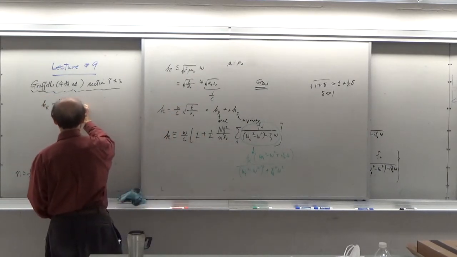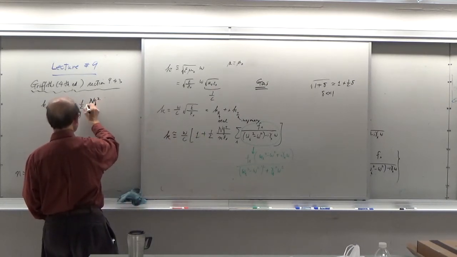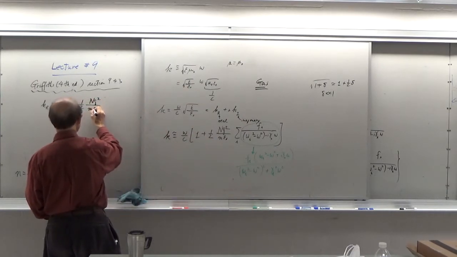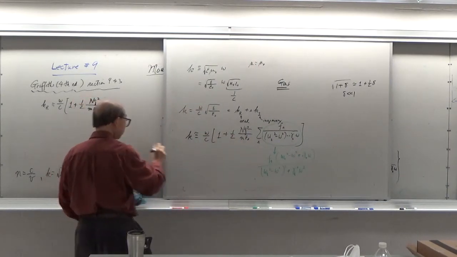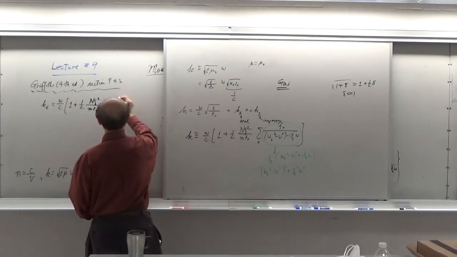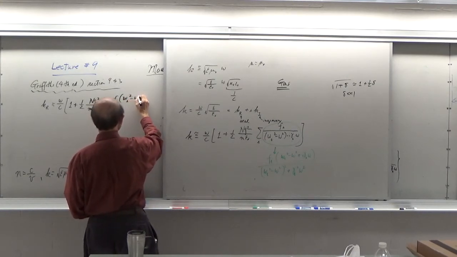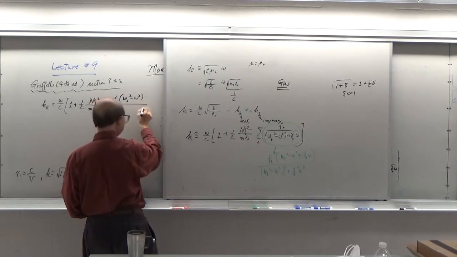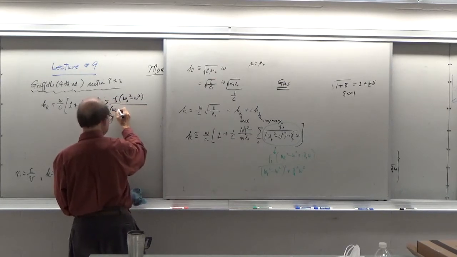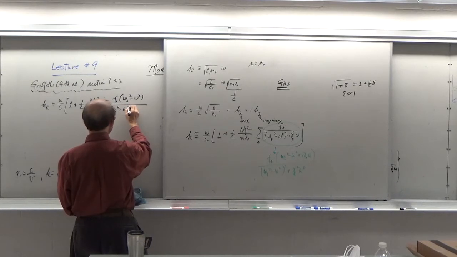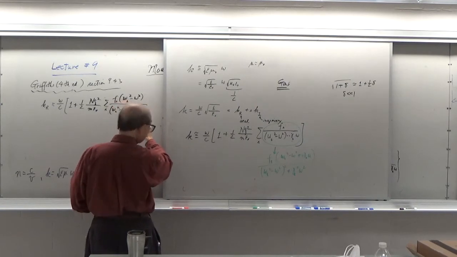Plus 1/2 times n q squared divided by m epsilon naught, summation over i, f i times omega i squared minus omega squared, divided by that denominator, omega i squared minus omega squared, squared plus gamma i squared omega squared.